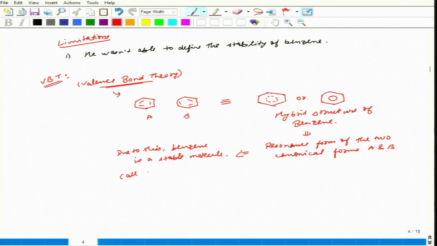All the 6 pi electrons, or the 3 pi bonds, are delocalized in the entire ring.